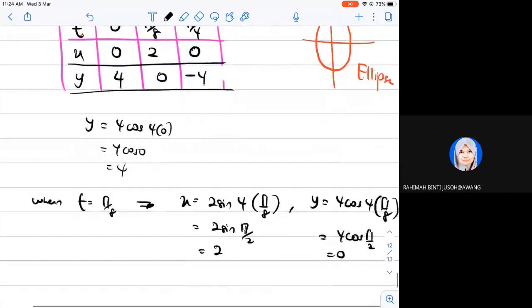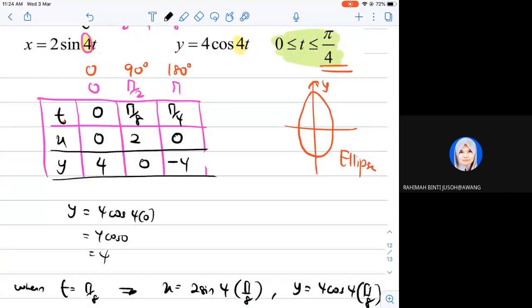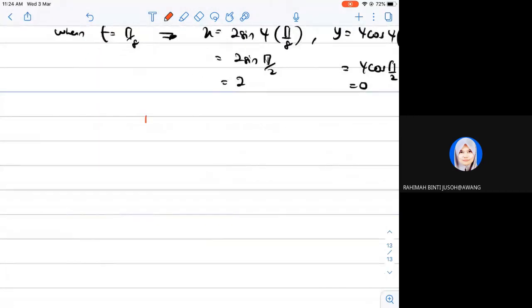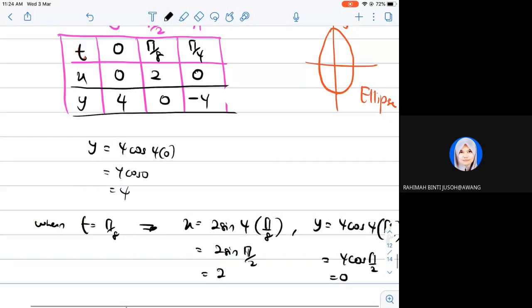So now our graph, kalau tadi kita assume dia ellipse kan guys, awal-awal tadi. However, sebab ada interval ni, dia tak jadi ellipse lah. So dia akan jadi separuh je berdasarkan nilai table kita tu. So dia akan jadi 0,4.